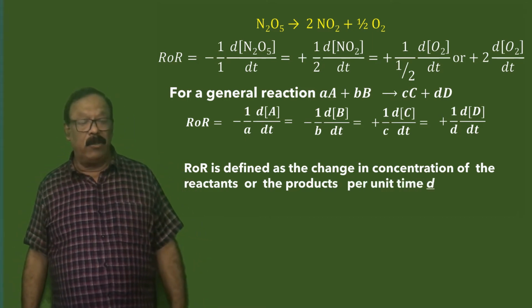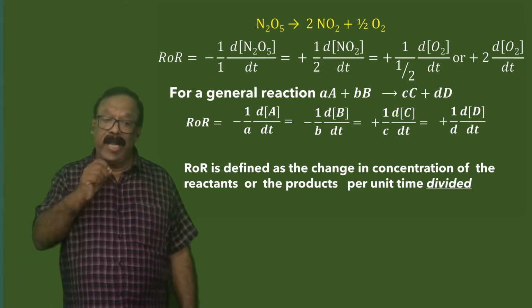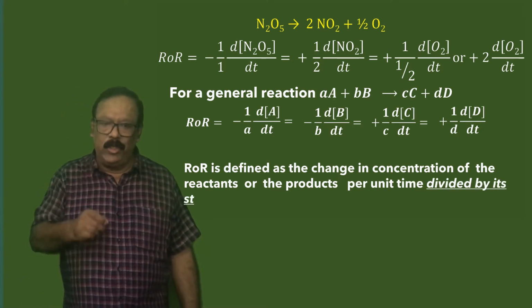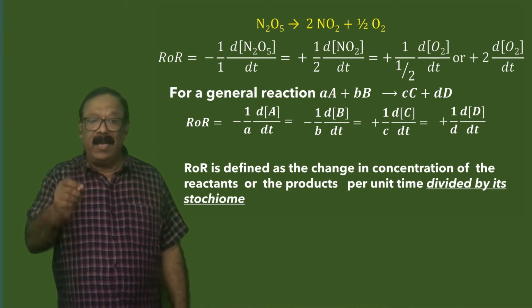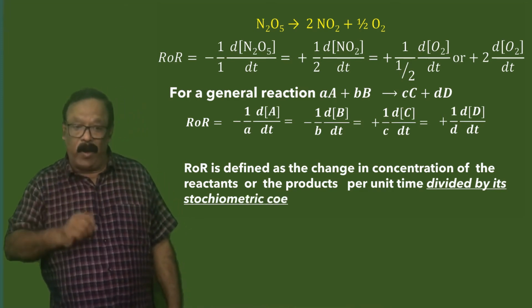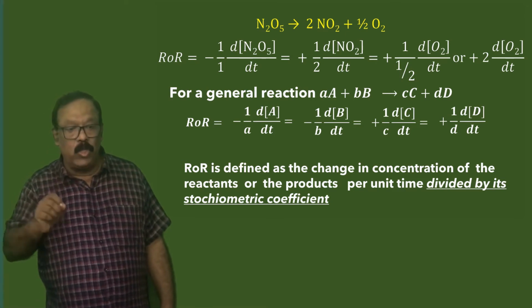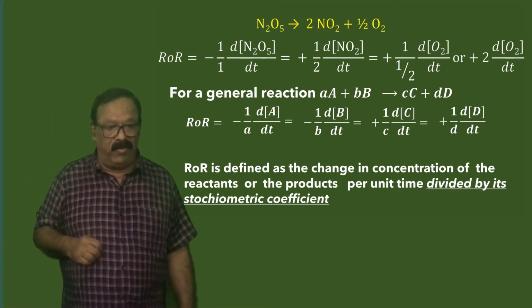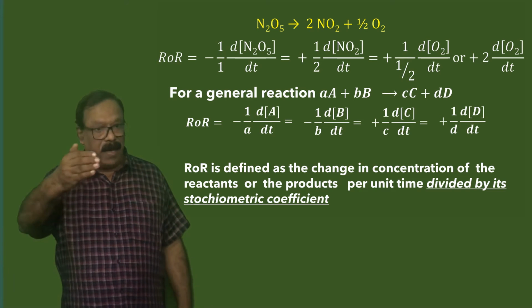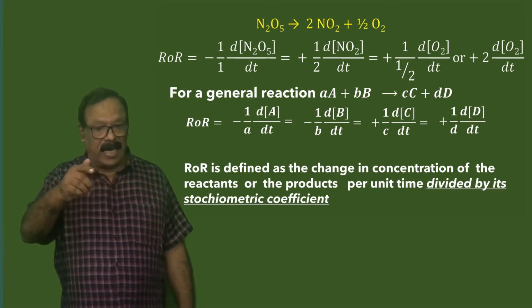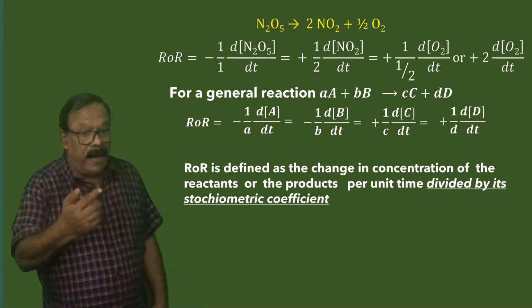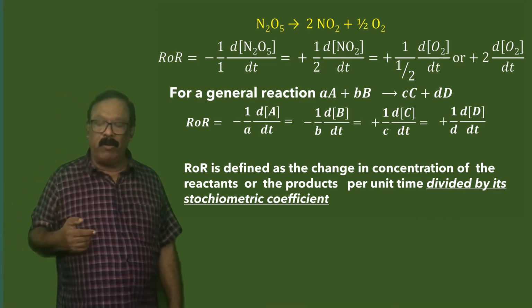So how will you define the rate of reaction now? Rate of reaction is defined as the change in concentration of the reactant or product per unit time divided by its stoichiometric coefficient. The last part of the definition, namely that is underlined there, divided by its stoichiometric coefficient.